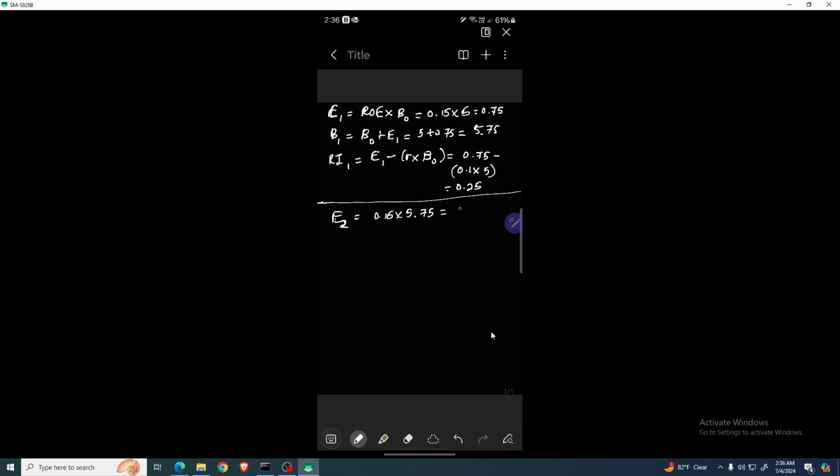That's going to be 0.8625. And the book value at the end of year two is going to be the book value at the end of year one plus the earnings at the end of year two, that's 5.75 plus 0.8625. That's going to be $6.6125.